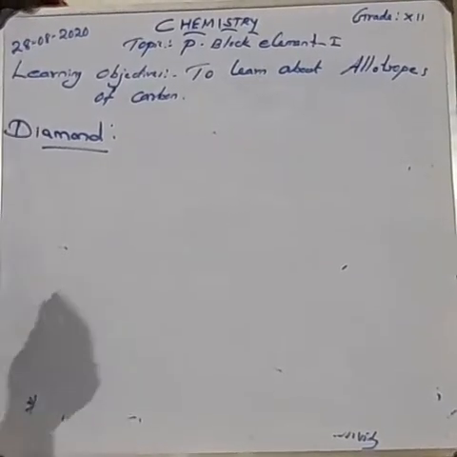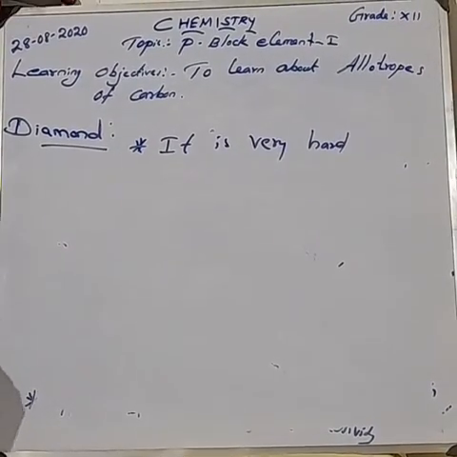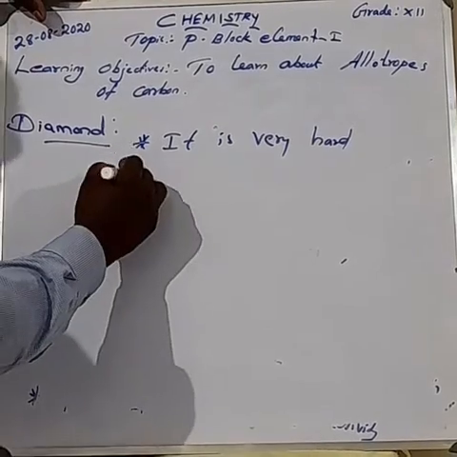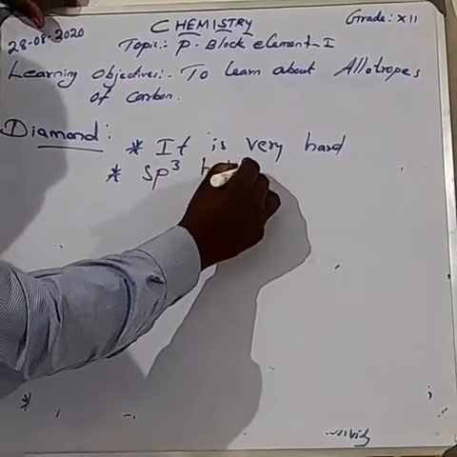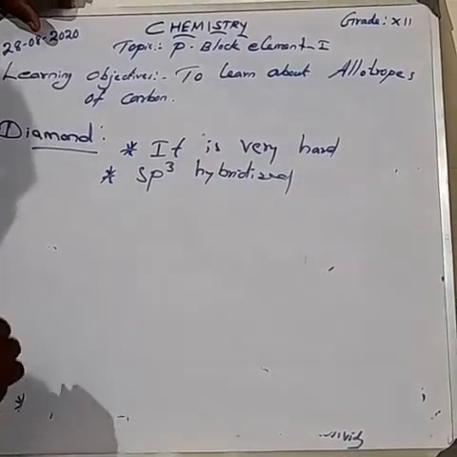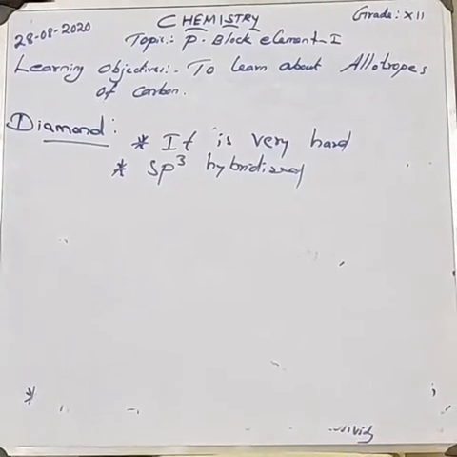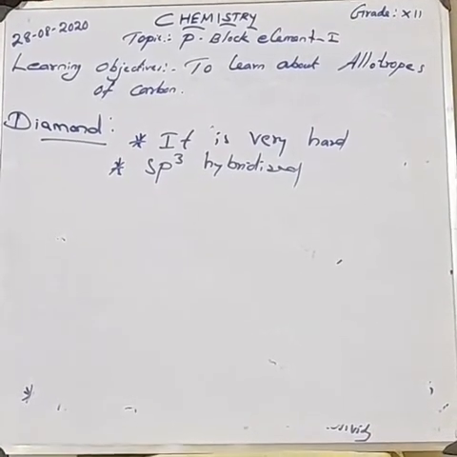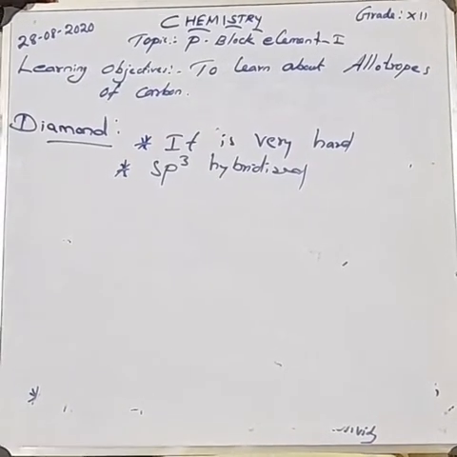It is very, very hard. The carbon atoms in diamond are sp3 hybridized. Each is bonded to 4 neighboring carbon atoms.